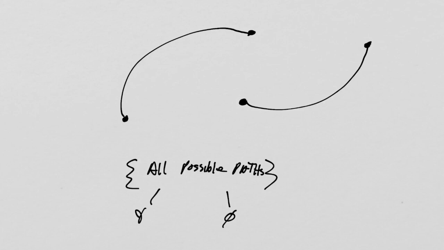If I restricted it perhaps to just the paths that have the same beginning and end point, I suppose you could start thinking about it, but it just doesn't work, right? Creating a group out of all possible paths the way we've talked about it isn't going to work.